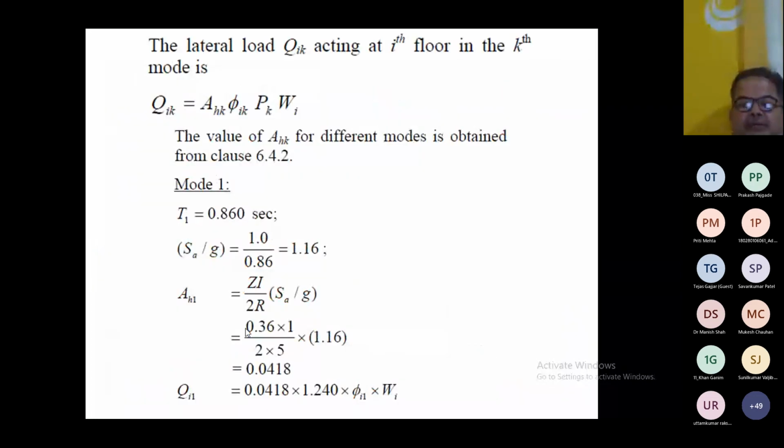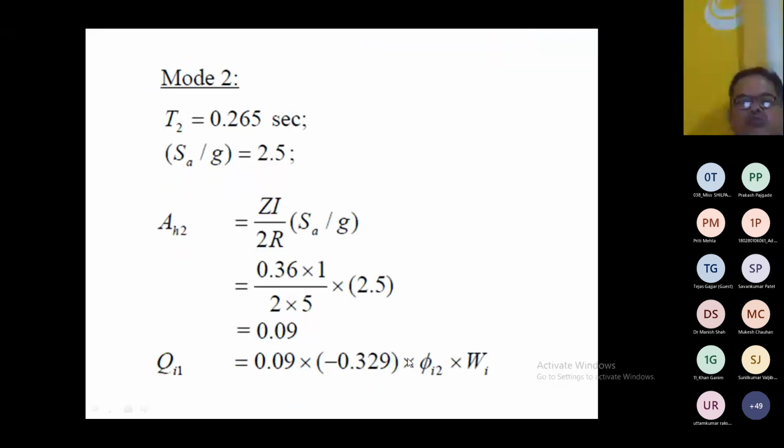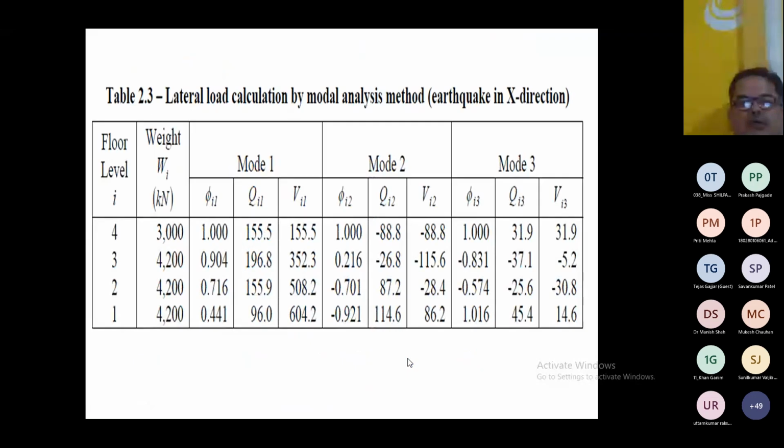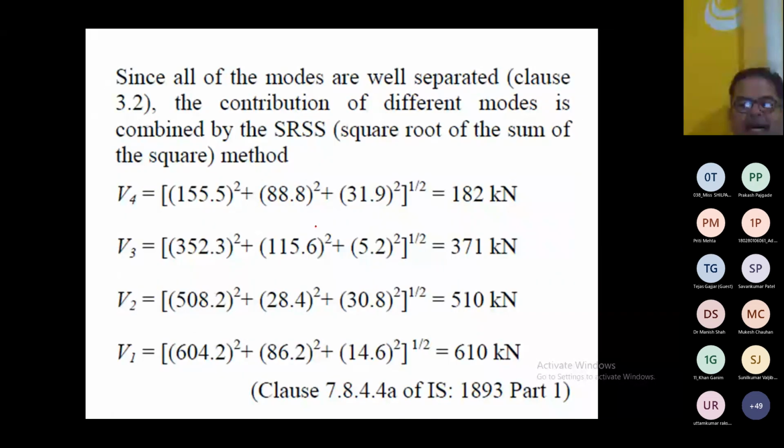And then we calculate this value, the value of Q, meaning the lateral force which is acting at the floor level, right? So for mode 1 we calculate in the same way, and for mode 2, mode 3, right? So we can have these values, and on that basis we are calculating the shear.